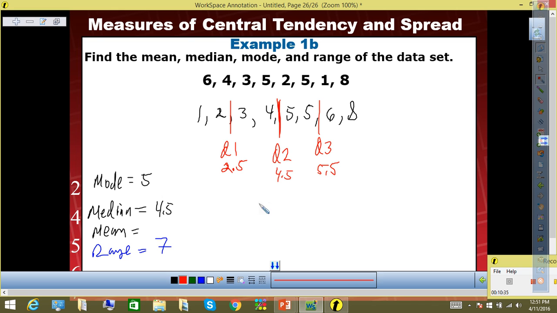And we're just waiting for the mean. 4.25.